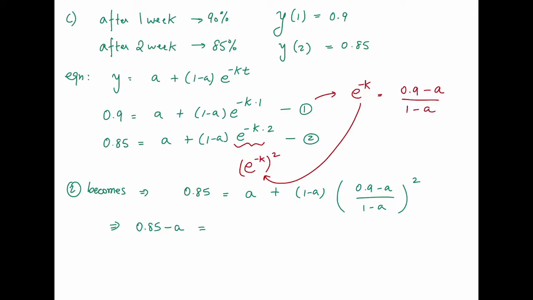So one of these 1 minus a factors cancels out. Then I would have 0.85 minus a times (1 minus a) equals (0.9 minus a) whole squared.